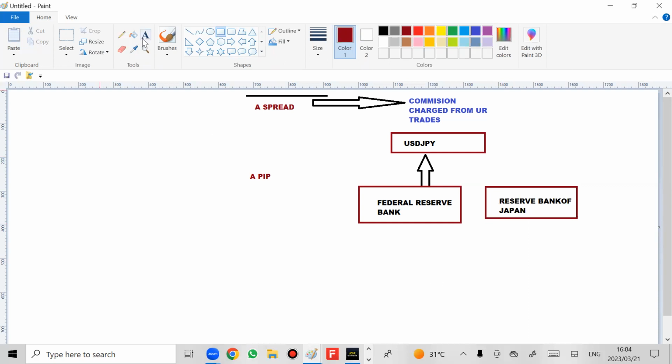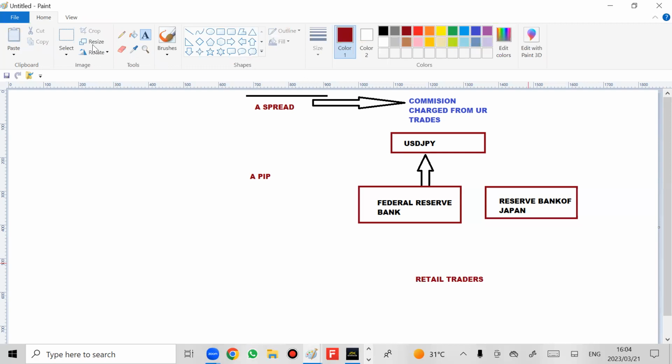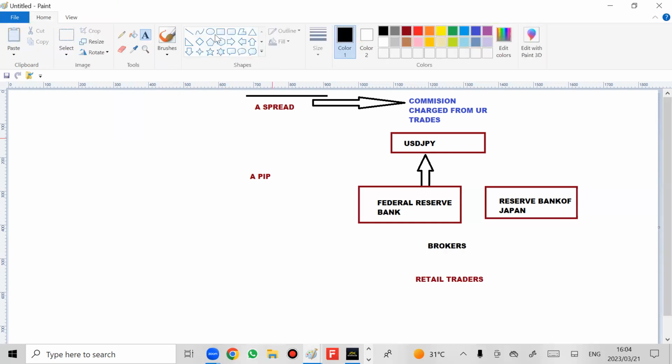Let me write here: retail traders. You know us, we are retail traders. In the middle, to connect us in order to be able to trade, are the brokers.